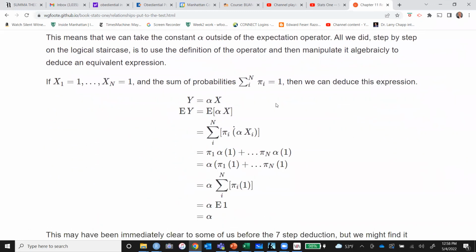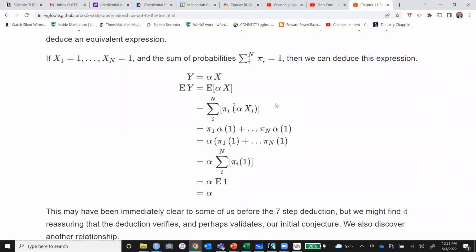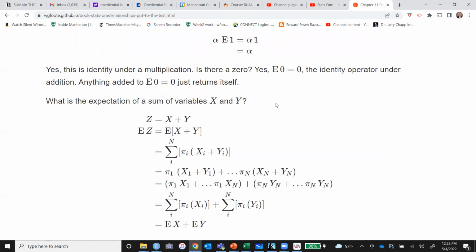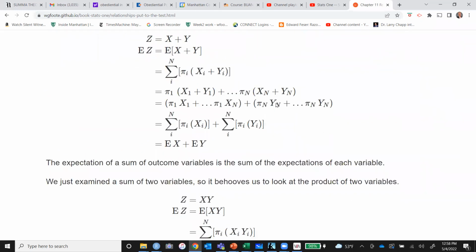You go through the pure algebra and, realizing that probabilities add up to 1, you get all sorts of interesting results with this operator approach, which is very much the approach favored, certainly in statistical physics and in something called algebraic geometry, and differential geometry as well, which is the underpinning of a lot of so-called data science.